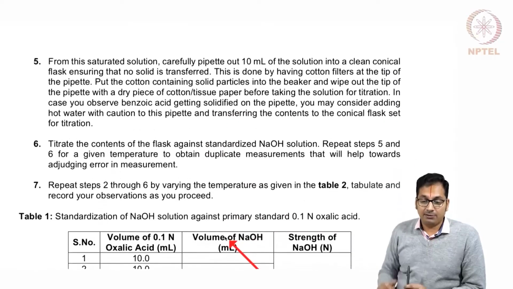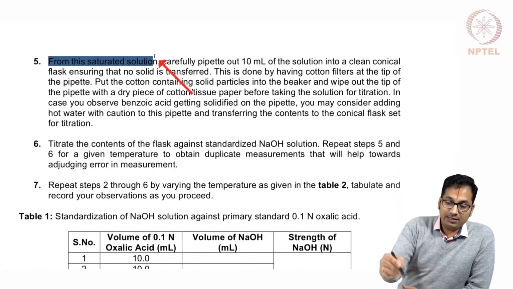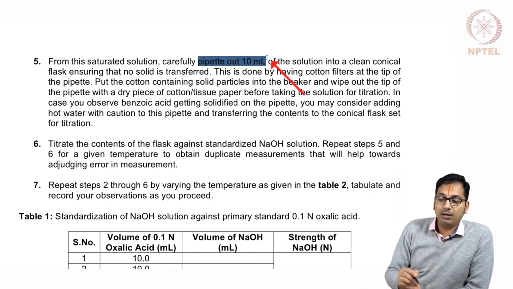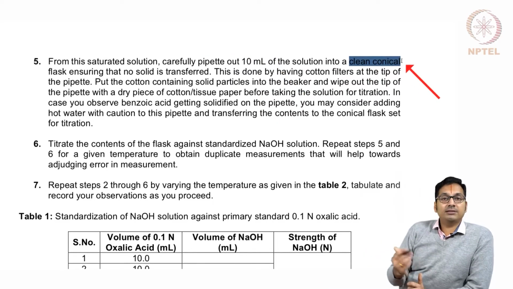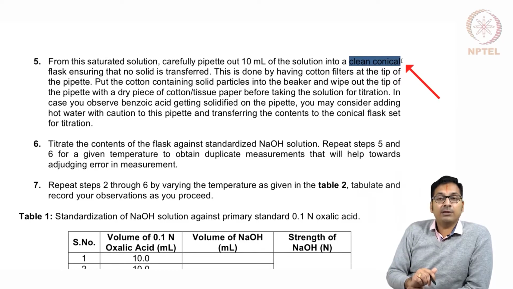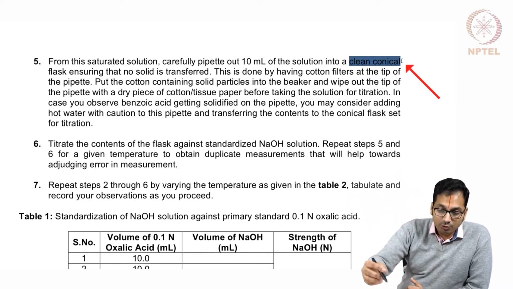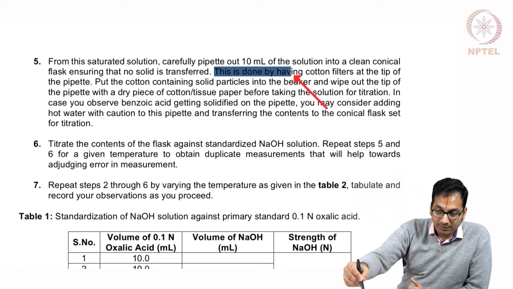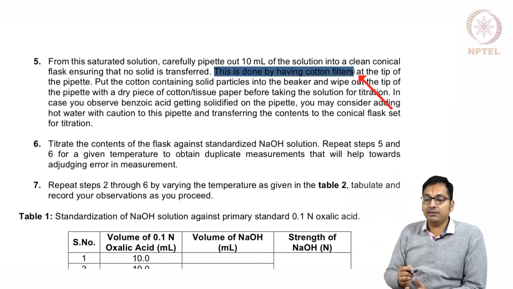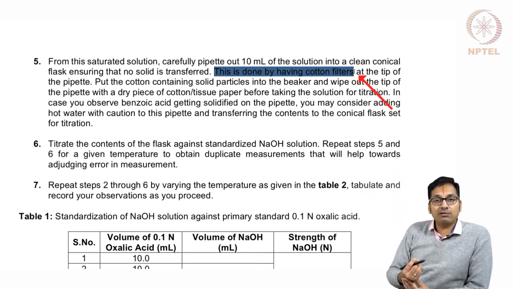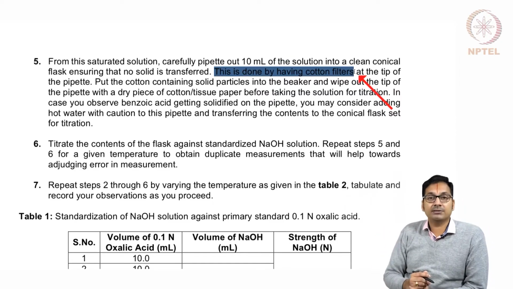Okay. Now, from this saturated solution, the next step would be to pipette out 10 ml into a clean conical flask. This is the conical flask with which you will be performing your titration. And when you are doing this, unlike the last time where you might use a pipette in the simple direct way, in this case you would like to have cotton filters at the end of the pipette.